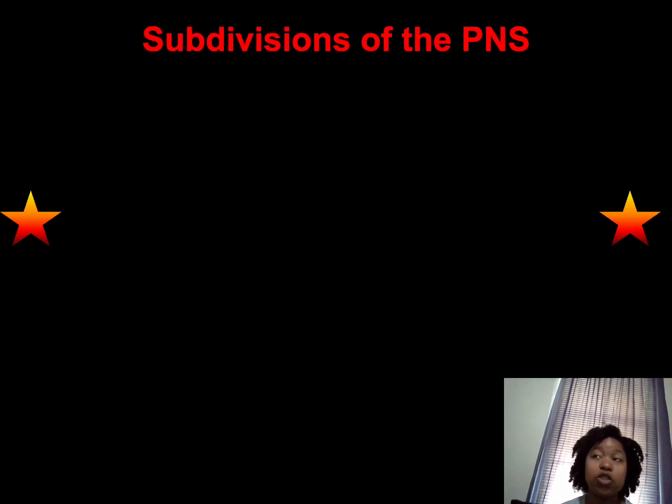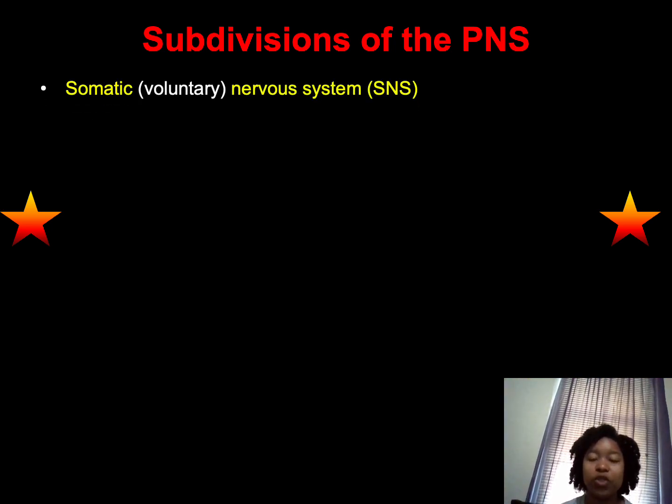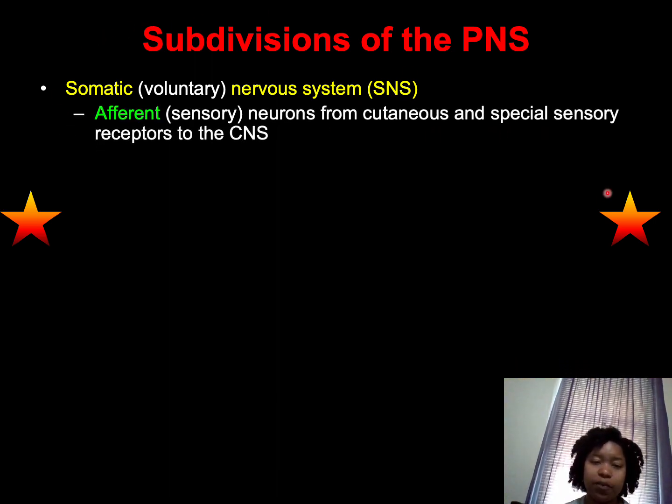Because it's so broad, if your central nervous system is just your brain and your spinal cord, and your peripheral nervous system is everything else, there have to be divisions of that everything else in order to better understand it, right? So these are subdivisions of the peripheral nervous system. You've got the somatic nervous system, which is also called the voluntary one, because it's involved in what's considered voluntary movements.